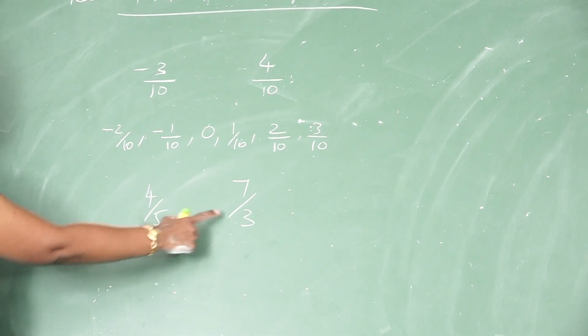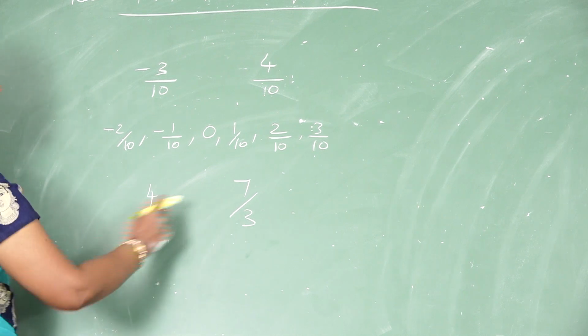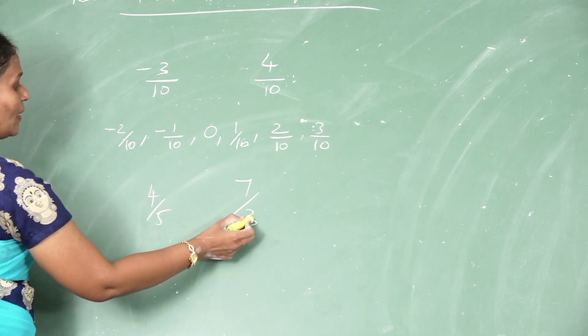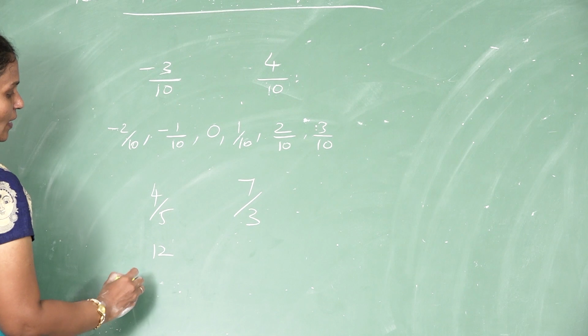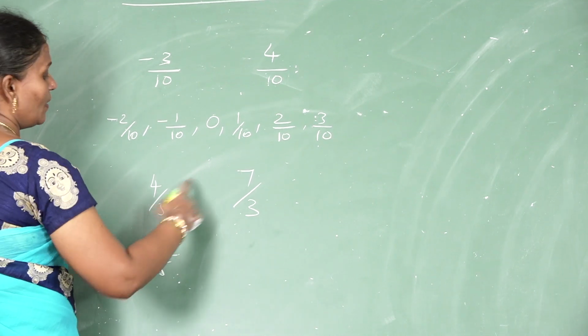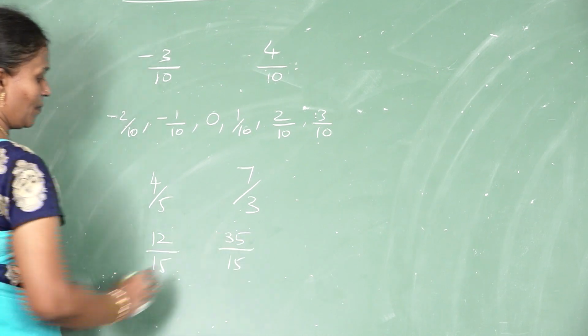See here the denominators are not same. So now, 5 and 3 are co-prime numbers, so just do the cross multiplication. 4 3s are 12, so 12 by 15. And here 5 7s are 35, so 35 by 15.